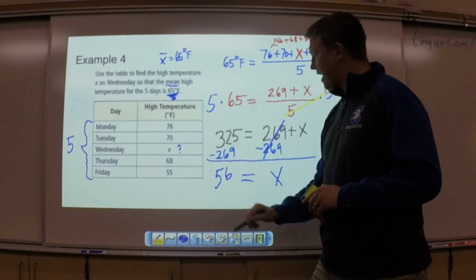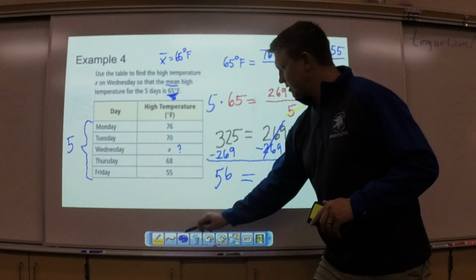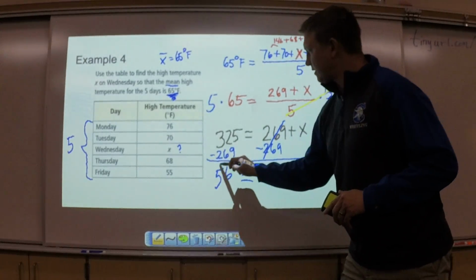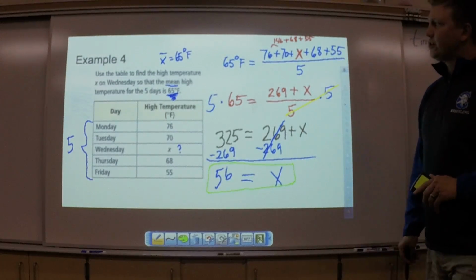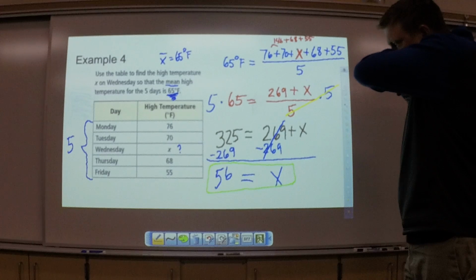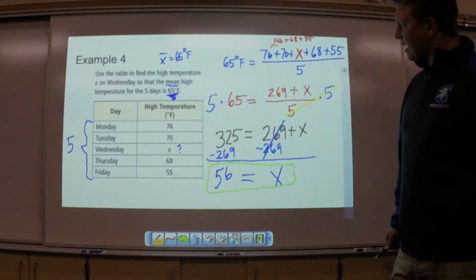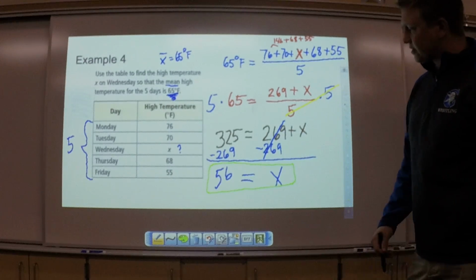So we have a smaller, colder temperature, just a little bit in comparison to the rest of our numbers. That is our final answer. You could go back and check it, but I think we did pretty good. So, our temperature for Wednesday is 56 degrees.